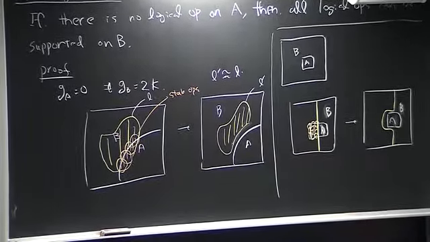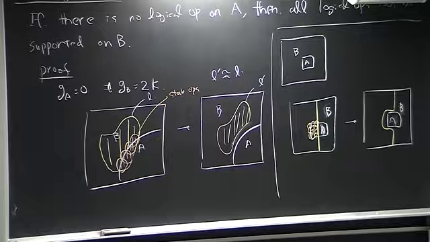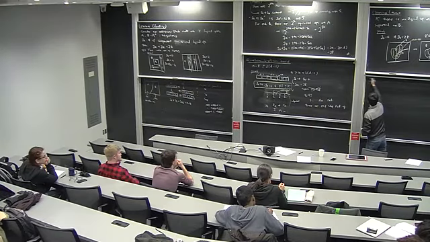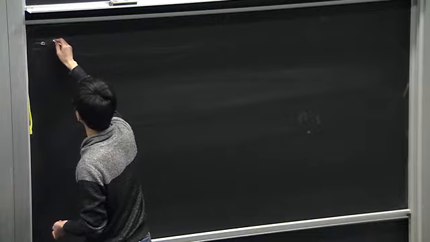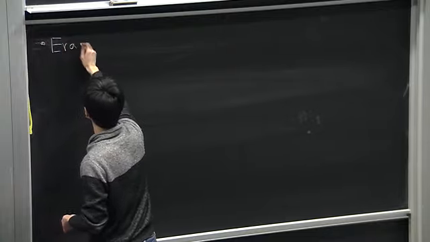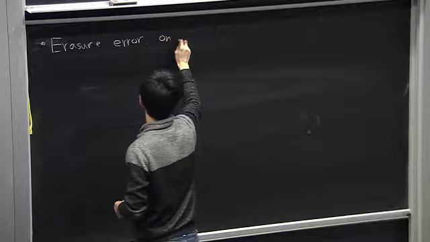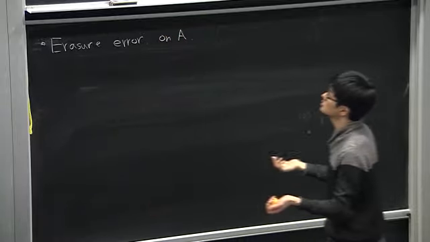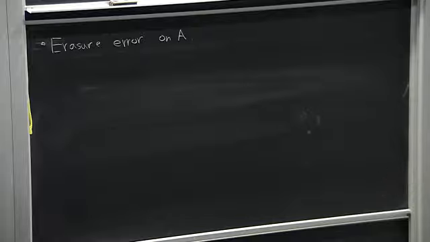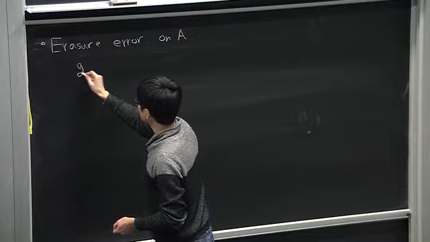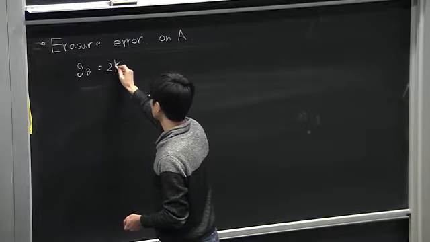Okay. Maybe one other comment I can make is to just make some connection to error correcting codes. So suppose that there is some erasure error on A happened to my system. That means someone came to my laboratory and just removed all the qubits on the A region. Then the point here is that, well, GB is still 2K.